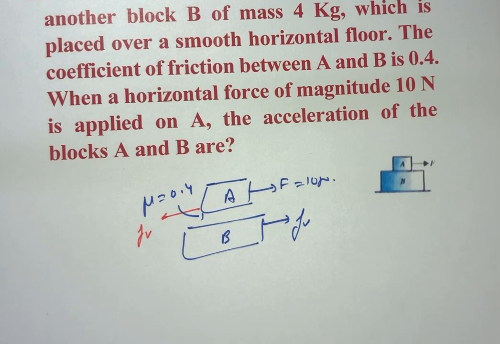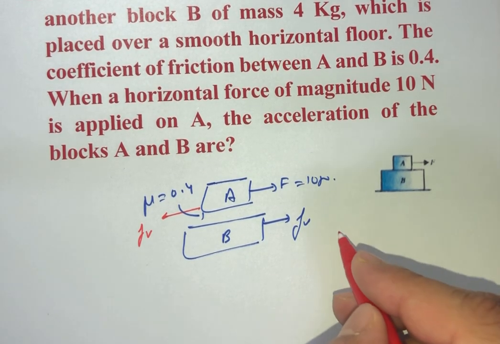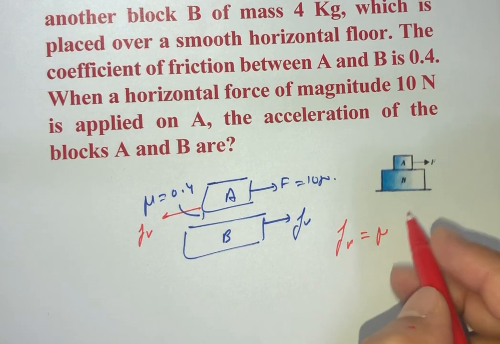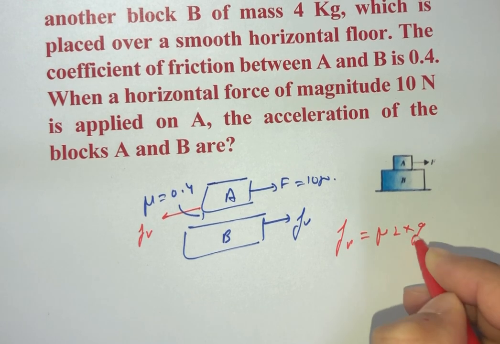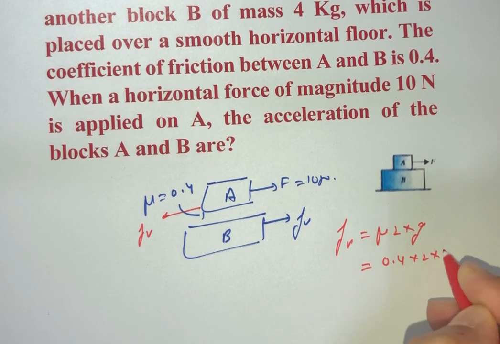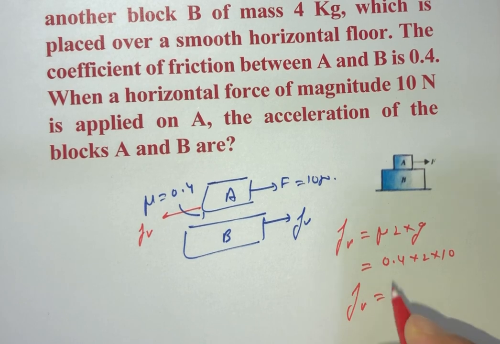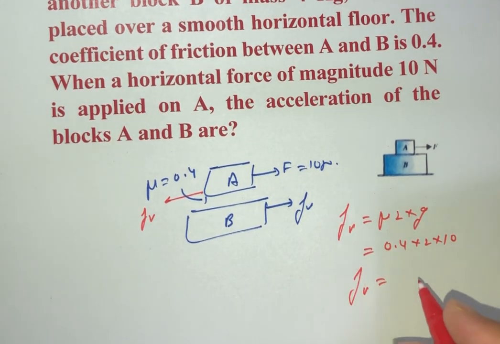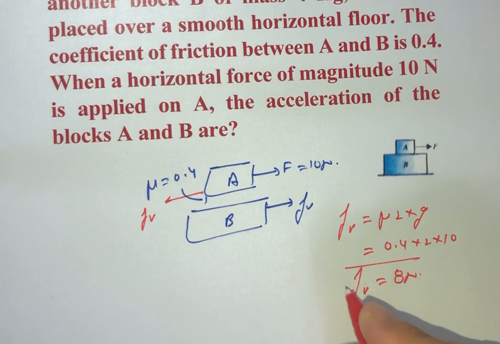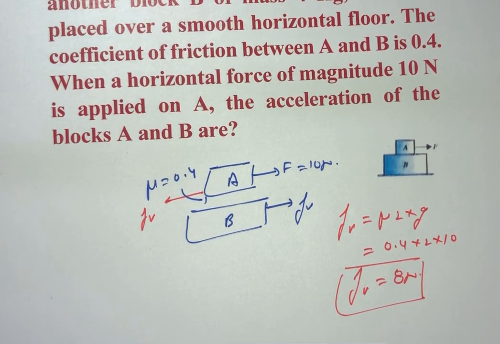So these are basically all the forces, and we can find our Fr will be equal to mu times A's mass, 2 kg, into g, and mu is 0.4, this is 2 and this is 10, so Fr will be coming as 8 newtons. Or we can also say this is our Fr max, or we can say this is our Fr limiting.